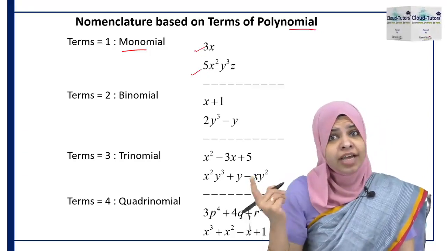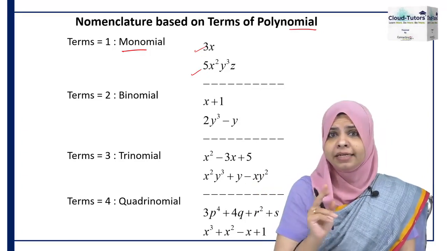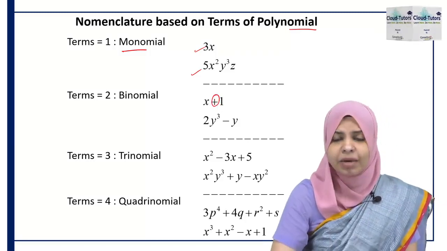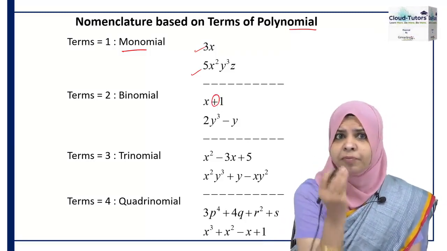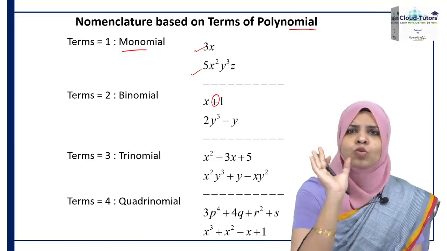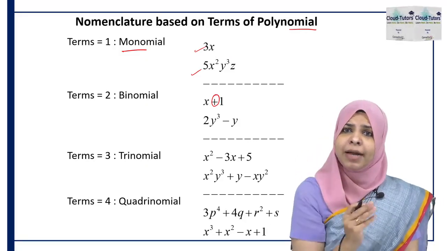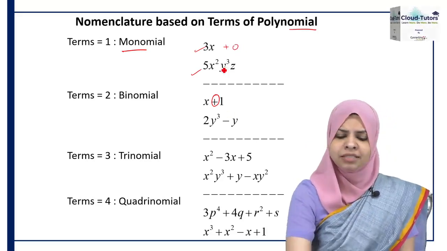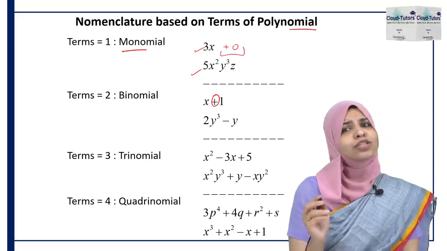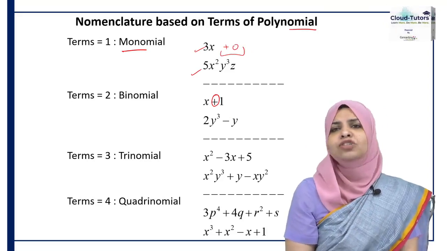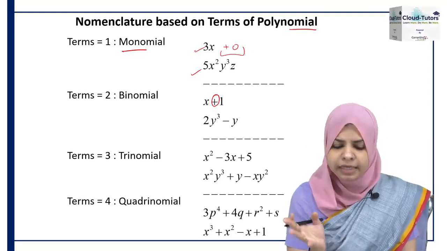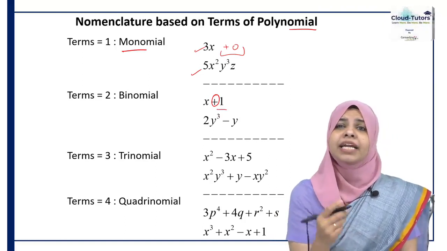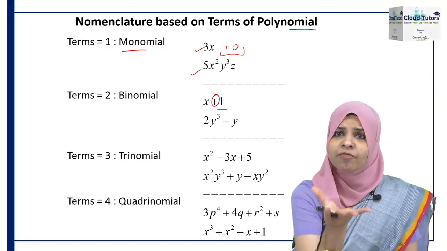How many variables there are will not impact it. If I have a mathematical operator, say in this example, if I have only one term, it is a monomial. If I write plus 0, will it impact? This does not have value at all. So it doesn't matter. Therefore, it is still a monomial. Whereas this one, if I write plus 1, immediately that plus 1 has some value to it.